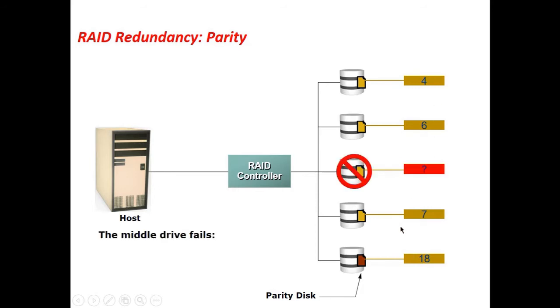If one of the hard disk drives fails, let us say this middle hard disk drive fails, we can regenerate this particular value by using the mathematical relationship, by using its parity value as it is shown here. So that is how we can regenerate the lost data using the parity generation technique. This disk is called a dedicated parity disk. It's meant for storing only the parity values.